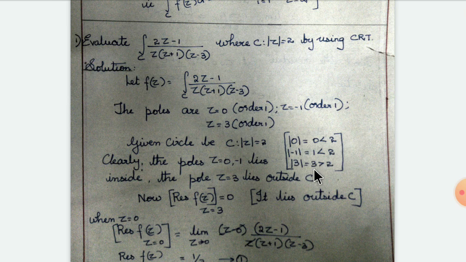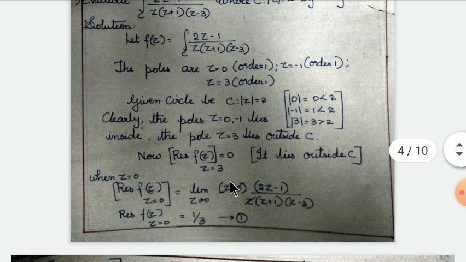So what about the residue of f of z at the pole z equal to 3? It is simply 0 because it lies outside. 0 and minus 1 lie inside. So find the residue only for these two poles, and finally add up all the residue values into 2 pi i. That is the required answer. So find out the first one.